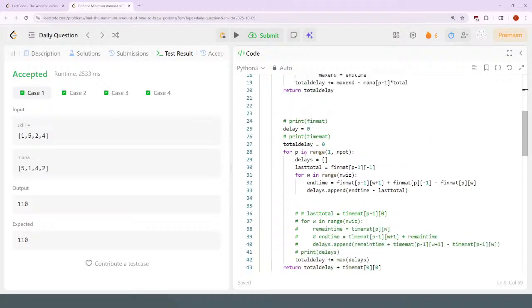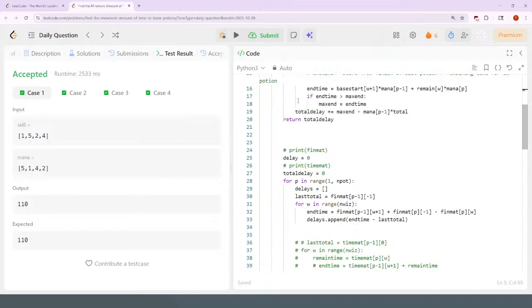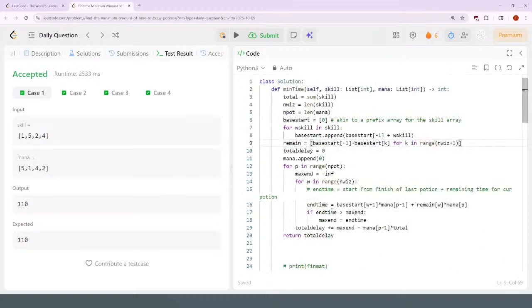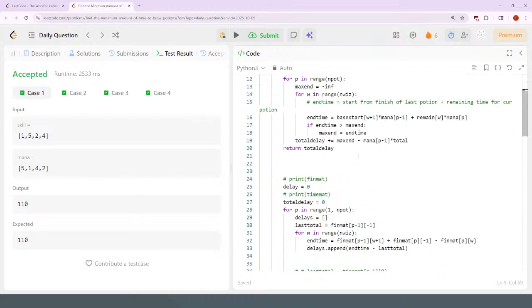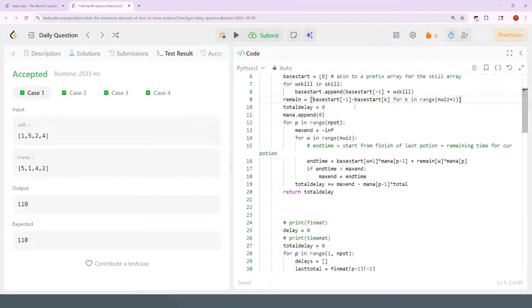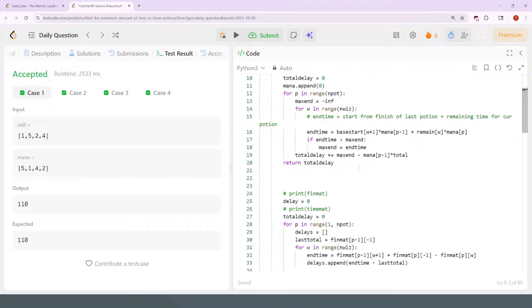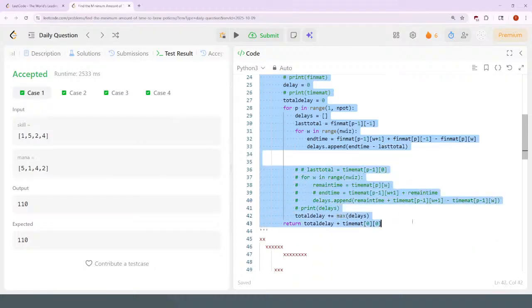And there was a lot of work where initially I was creating the whole matrix of n times and finish remaining times and doing math based on that. But that took a lot of space, and eventually I just collapsed it to not even keeping track of a single array, but just individual variables. But yeah, there was a lot of stuff here.